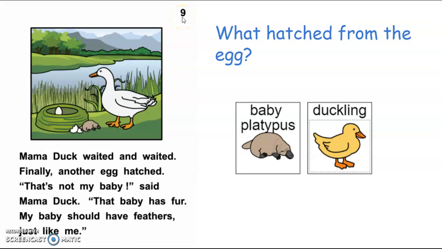Mama Duck waited and waited. Finally, another egg hatched. "That's not my baby," said Mama Duck. "That baby has fur. My baby should have feathers, just like me." What hatched from the egg? Is that a baby platypus or a duckling?